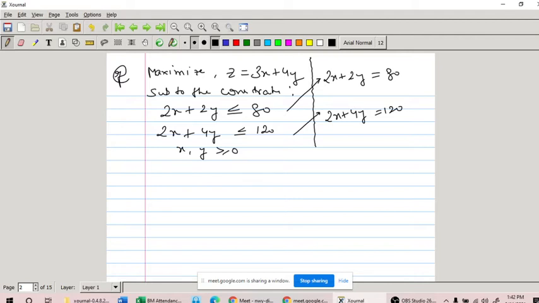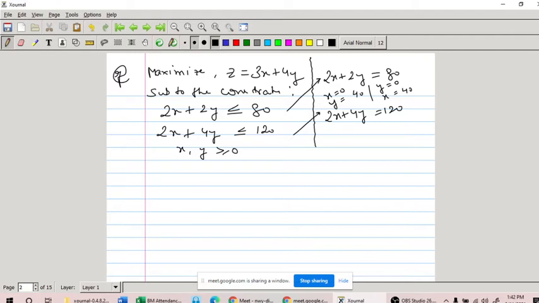So if you put x = 0 here, your y is going to be 40. Again, if you put y = 0 here, your x is going to be, again 40.